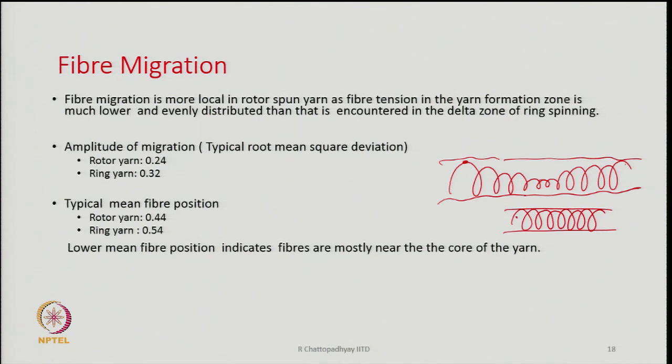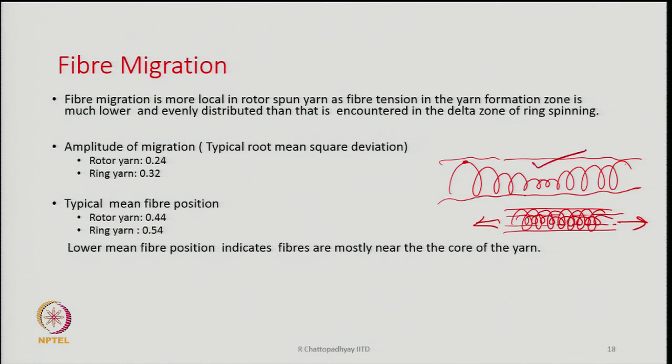And there is another fiber which is also following a spiral path like this, and there also there is no change in radial position. So, if there is one helical path of larger diameter and another helical path of smaller diameter, there is no interaction between them. And if the fibers do not interact by moving from one radius to another radius, in that case if I pull this, the fibers will slip easily and there will be no strength in the yarn.